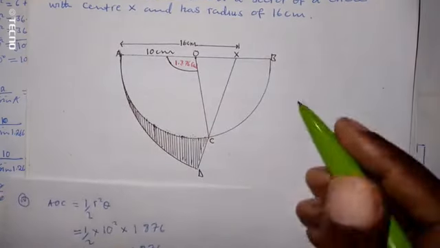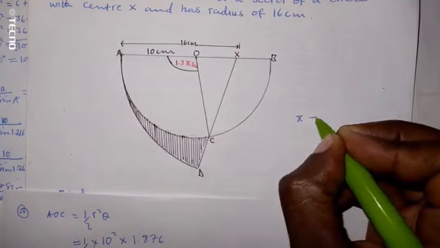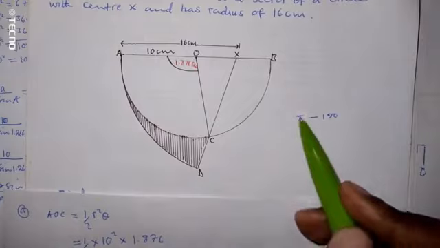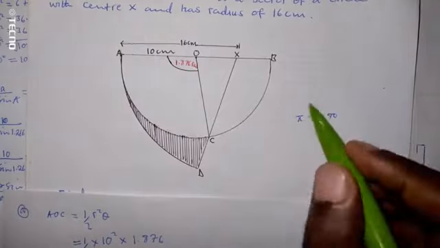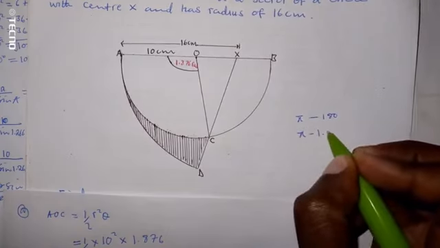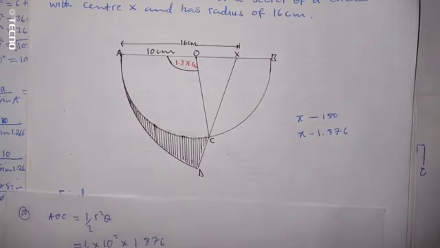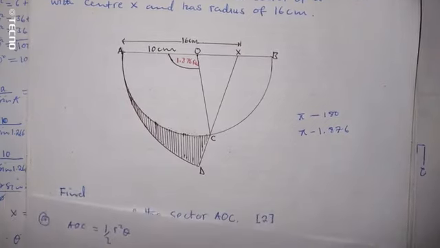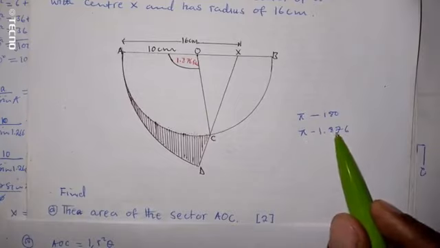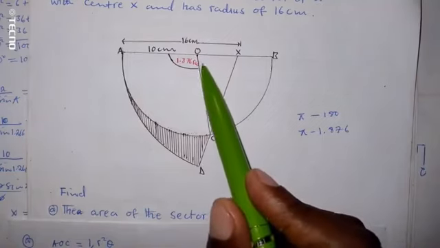This pi is equivalent to 180, in radians. So we'll say pi minus 1.876 is the answer that we are going to write here.